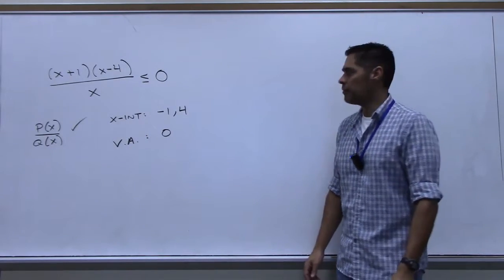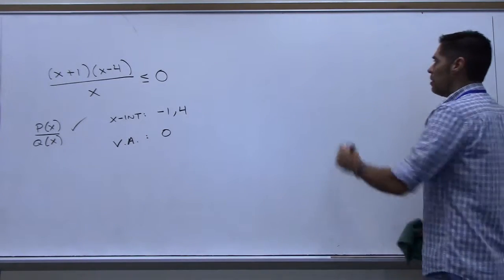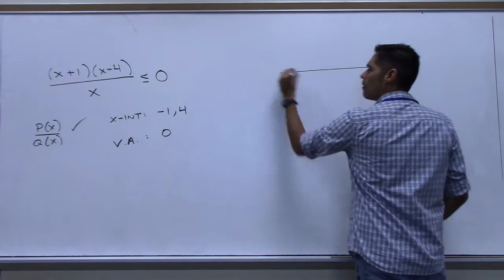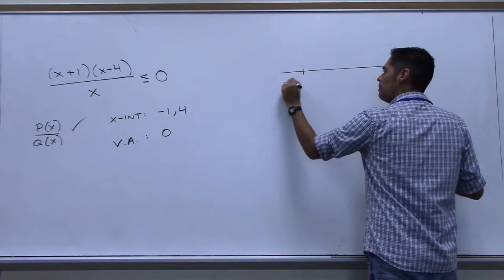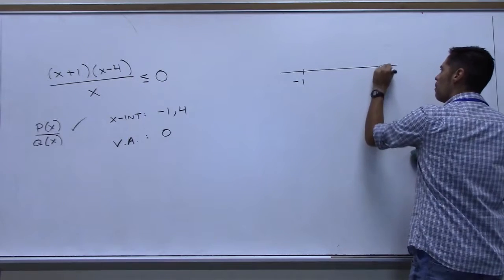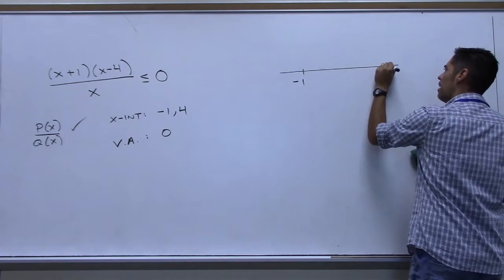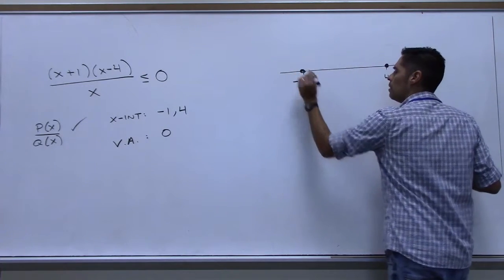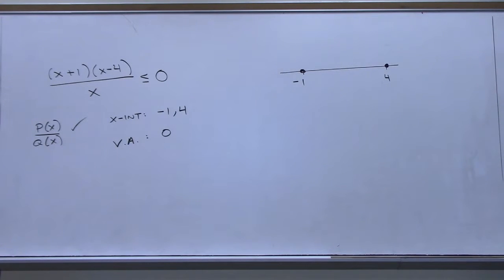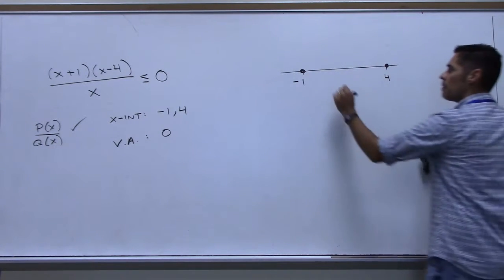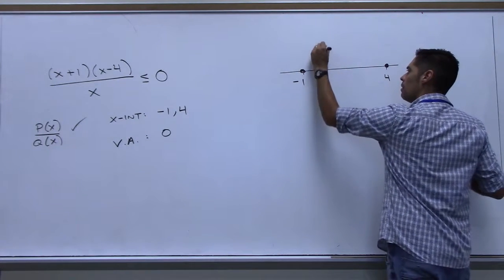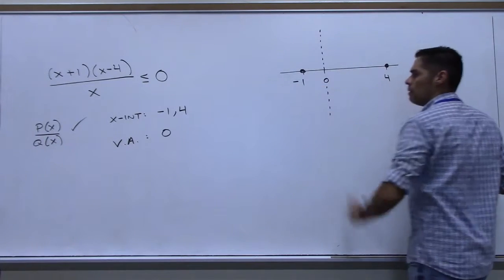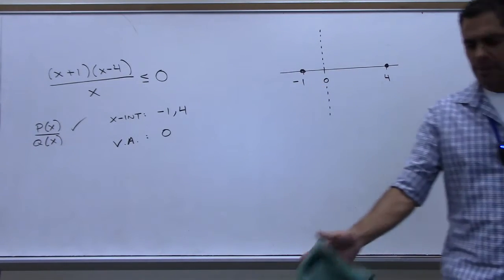Okay. Now I'm supposed to plot these on a number line. -1, 4. Those are points on my graph. And then at 0, I've got a vertical, don't I? Yep, so it's the same thing.